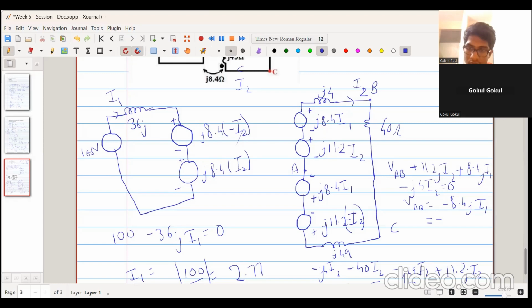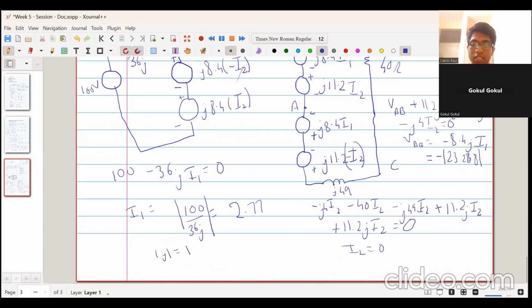Yes, it will be minus 23.268. That is fine. Now we just have to consider RMS values. We take the absolute value, that is 23.2 something. So that is how we get the value. Now we will proceed to the next question.